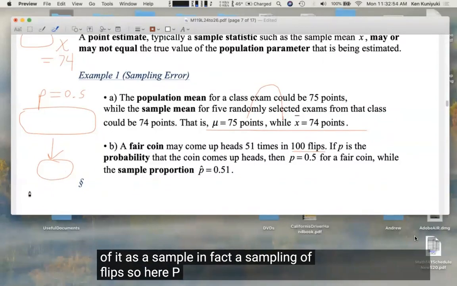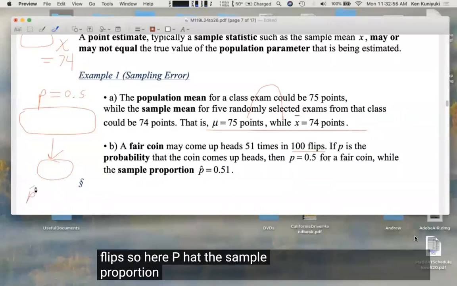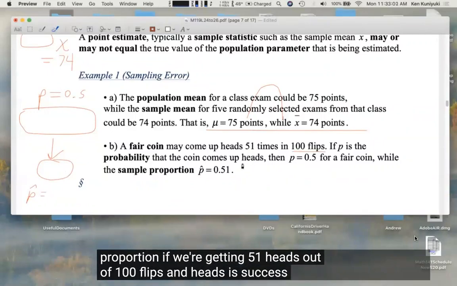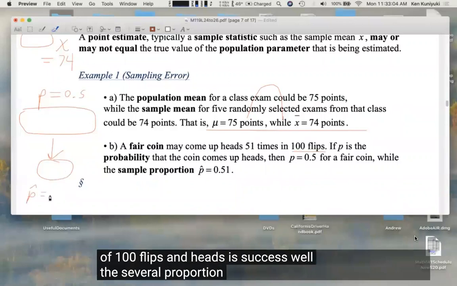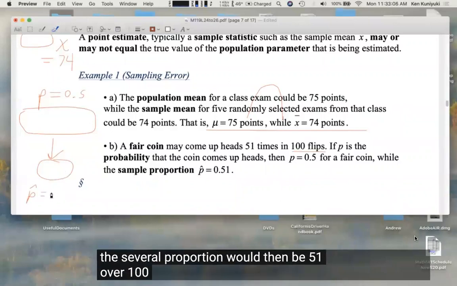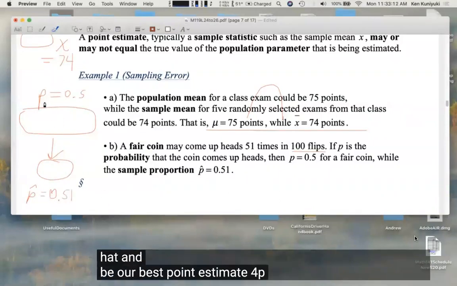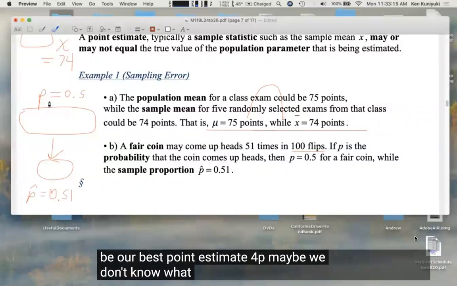So here, p hat, the sample proportion: if we're getting 51 heads out of 100 flips and heads is success, the sample proportion would be 51 over 100, or 0.51. That would be our p hat, and it would be our best point estimate for p. Maybe we don't know what p is yet.